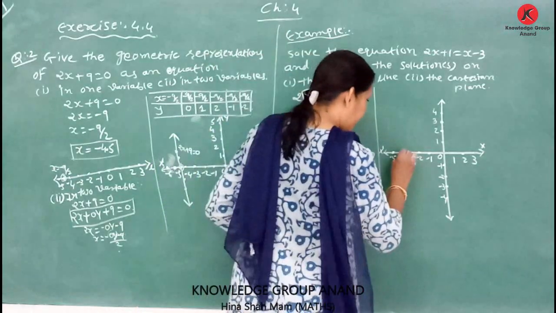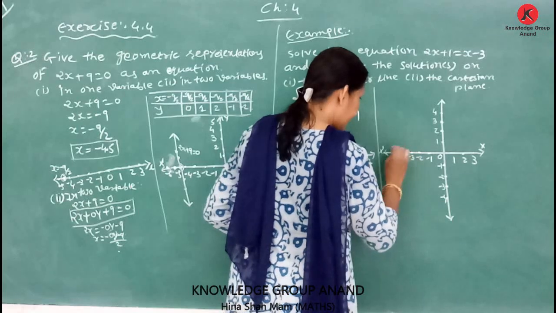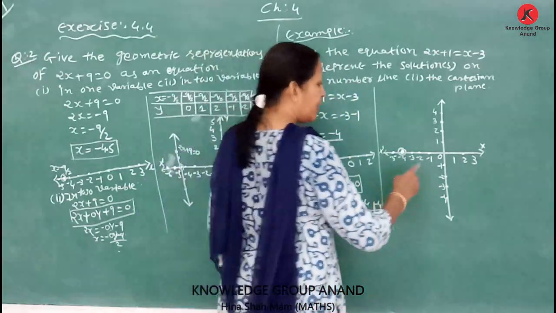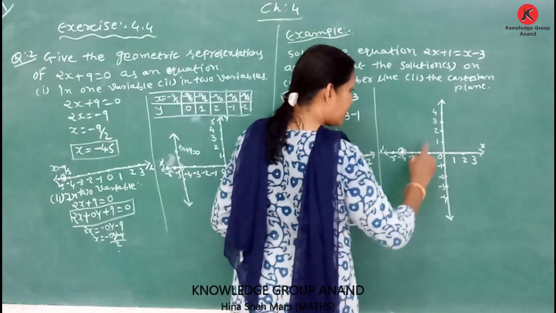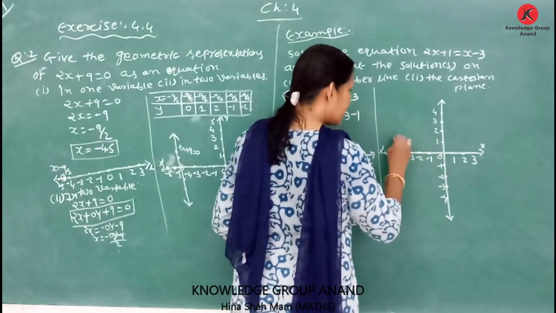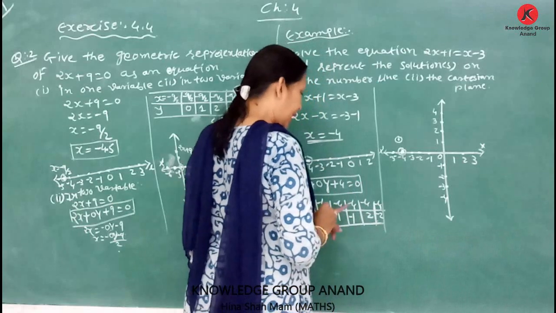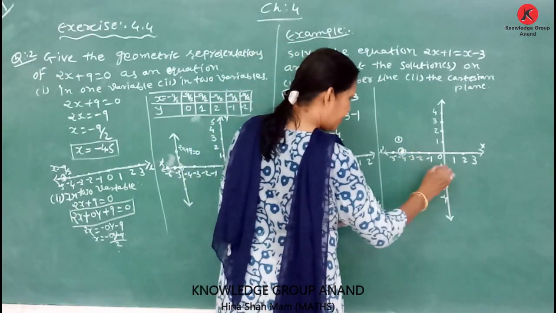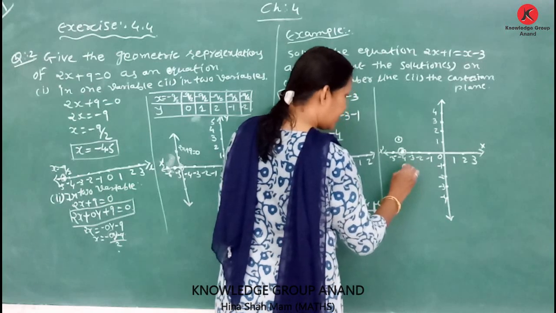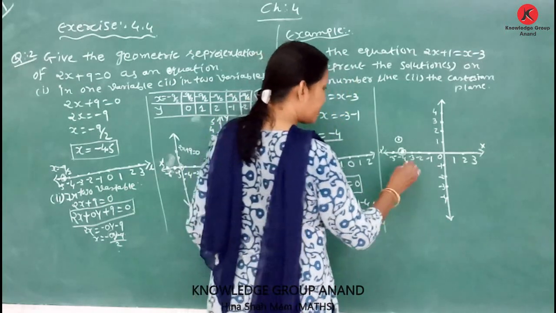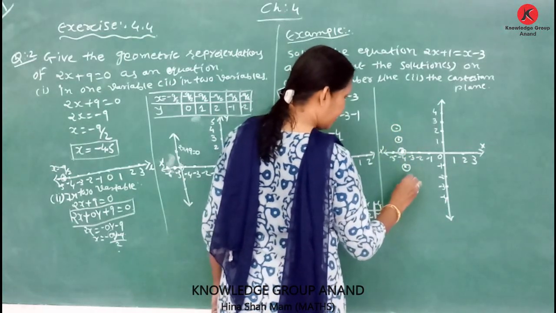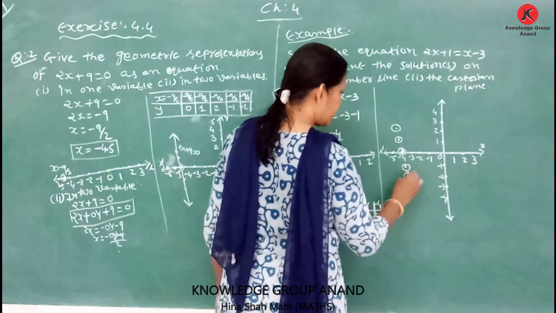For y equals 0, the point is here. For x equals minus 4 and y equals 1, it is here. For x equals minus 4, y equals minus 1, it is in the third quadrant. Minus 4, 2 is here, and minus 4, minus 2.